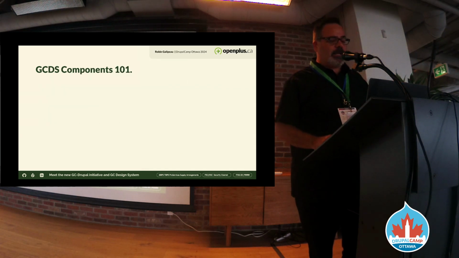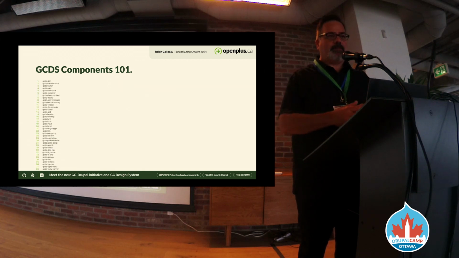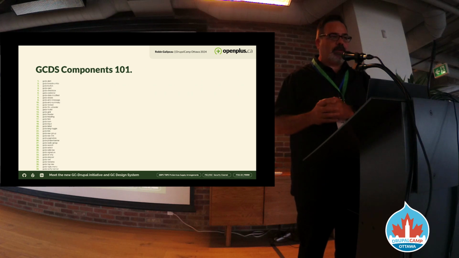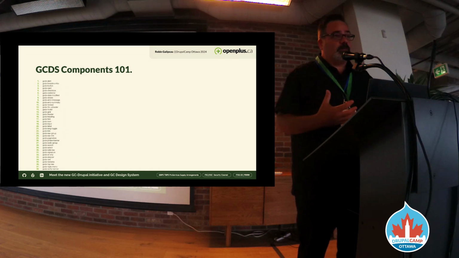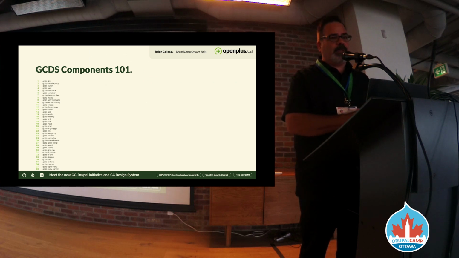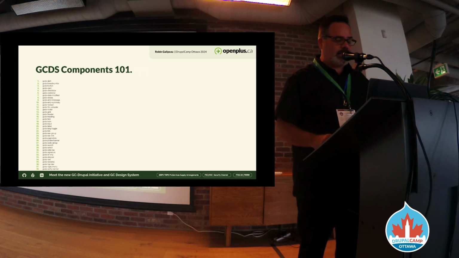So let's talk a little bit about components 101. Because there are some variances if you're doing ground-up web components and working from Storybook, building components in Drupal might be different from building common web components that are agnostic to any platform, such as has been the case with GCDS.